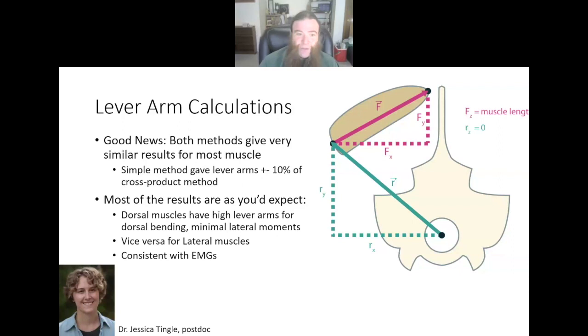So there is angle, but it doesn't seem to matter that much. And most of the results are what you'd expect. Muscles that are on top of the vertebrae have high lever arms for pulling the body upwards for dorsal flexion, and minimal moments for moving the body side to side. Vice versa for lateral muscles, as you'd expect, and we generally get results that are consistent with EMGs.